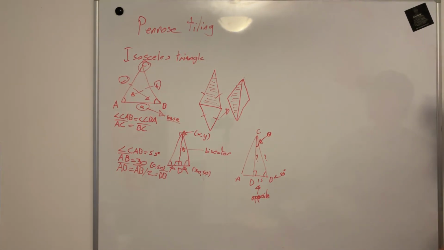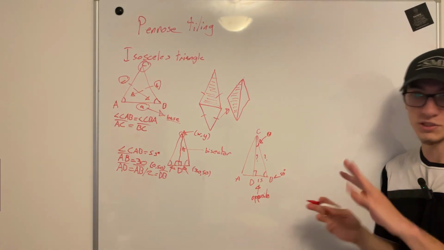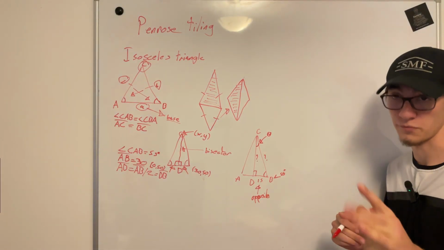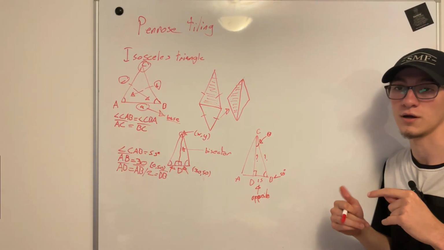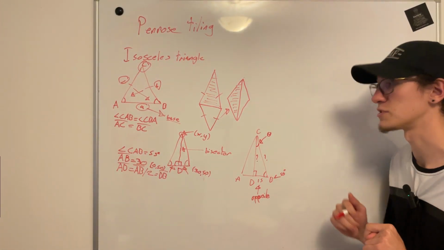Okay, great. So the Penrose tiling: how I do it, which is also based on the other page I was looking at, which will also be linked in the description down below.